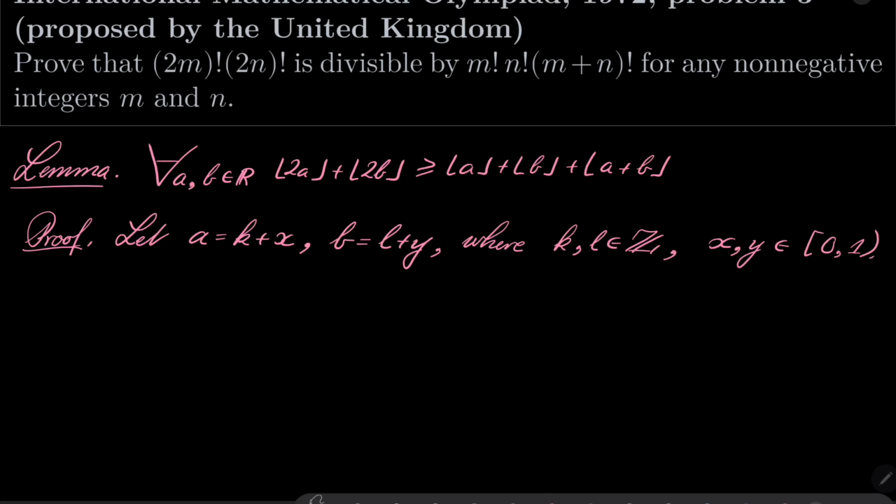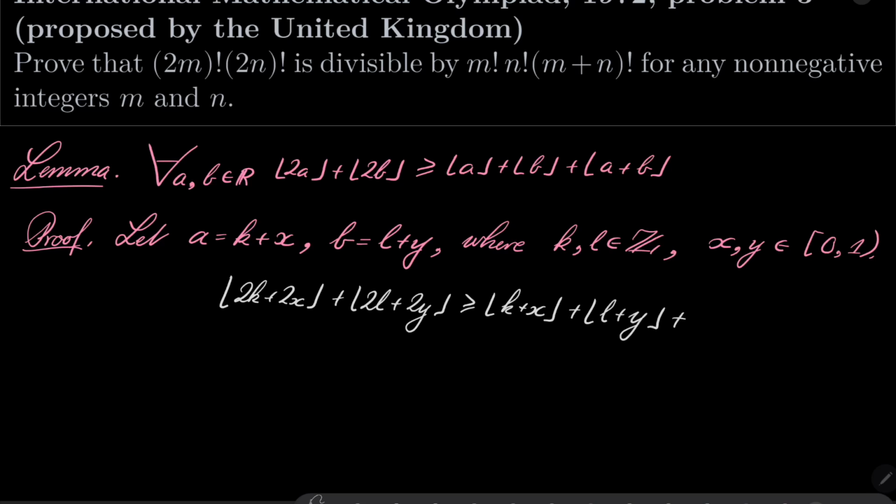Then our inequality can be transformed to the following form: floor of 2k plus 2x plus floor of 2l plus 2y greater than or equal to floor of k plus x plus floor of l plus y plus floor of k plus l plus x plus y.